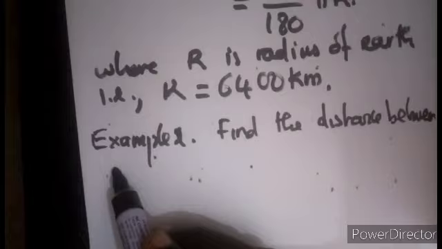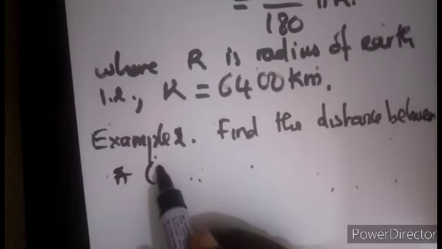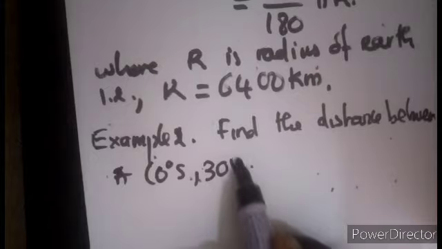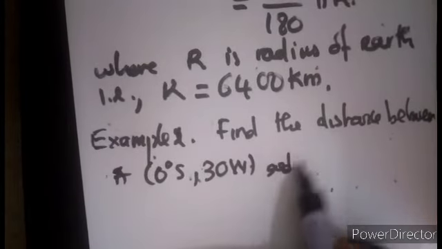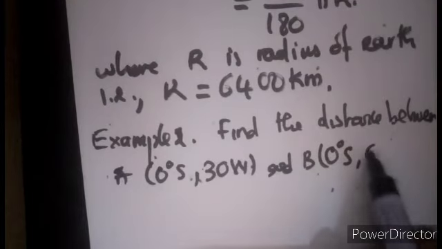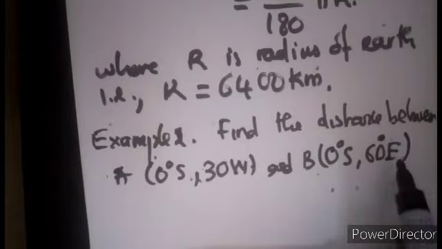You have A, which is 0 degrees south, 30 degrees west, and B, which is 0 degrees south, 60 degrees east.